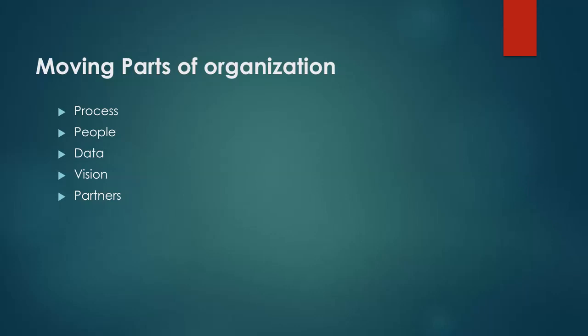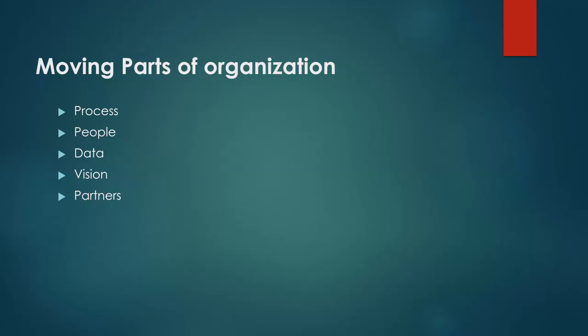The data happens to be the asset of the organization. That is what is actually being used. And the vision happens to be what the organization actually stood for, what makes them go into the business. I call that the target mandate of the organization. That is the vision.